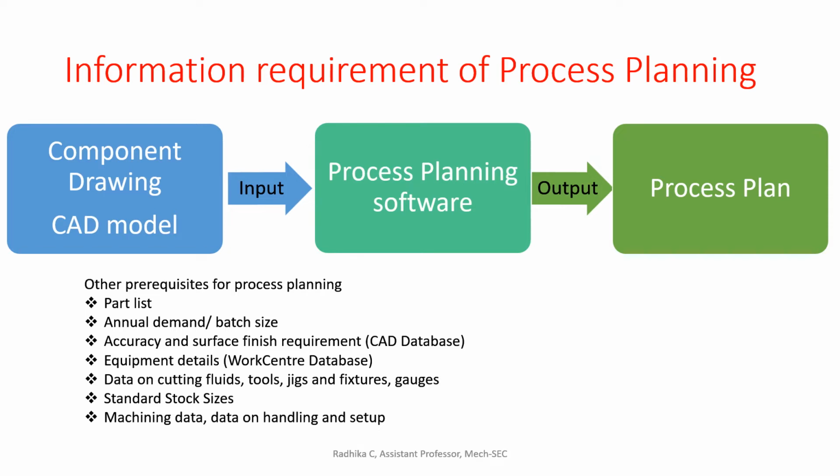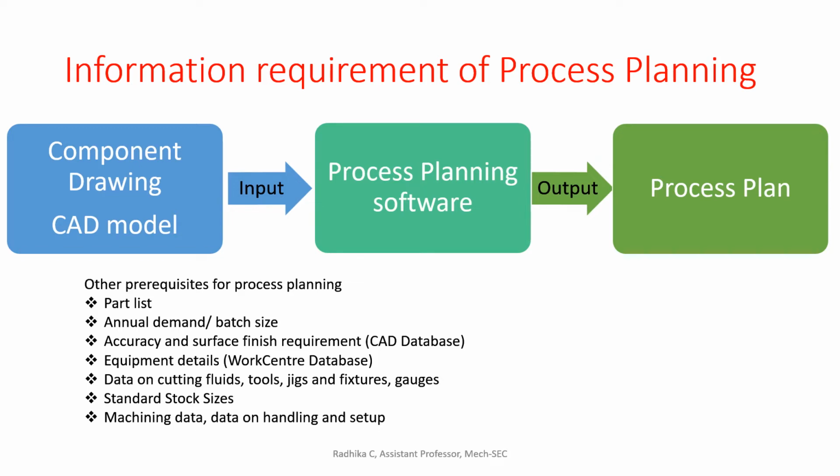So the input can be a component drawing or the CAD model, whereas the other process planning inputs are like part list, annual demand or batch size, accuracy and surface finish requirements, equipment details, data on cutting fluids, tools, jigs and fixtures, gauges, standard stock size, machining data, data on handling and setup.